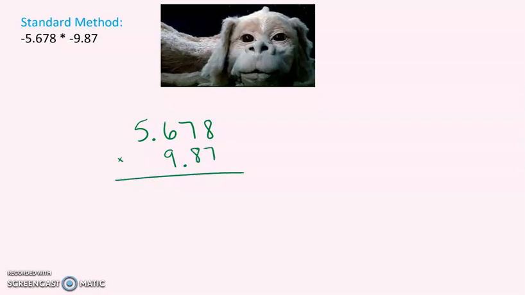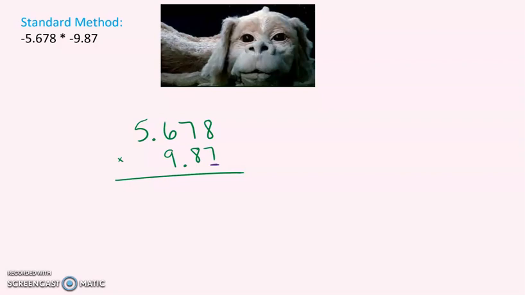Unlike when we add and subtract, this time we don't actually need those decimals to be lined up. Instead, we're going to deal with the decimal at the very end. So now I just need to take this 7 here at the bottom and multiply it by everything on top from right to left.